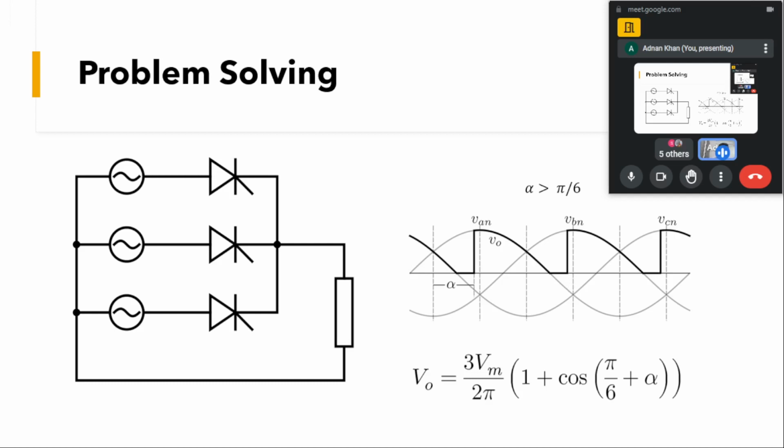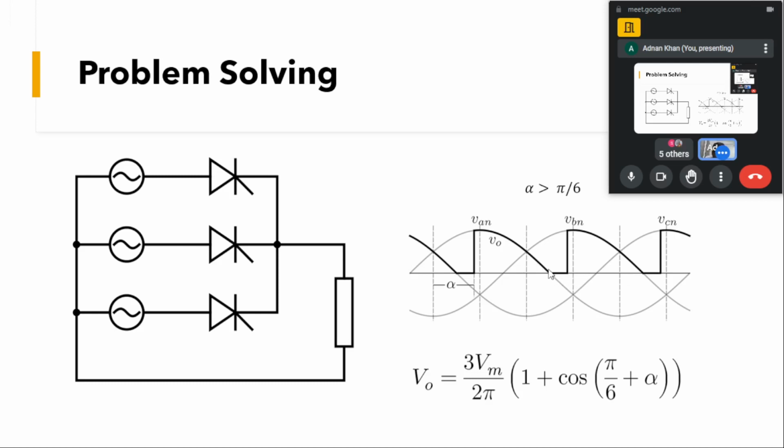And if alpha is greater than pi, or for pi, alpha is at the pi position of this, for the phase A, then there will be no voltage at the load.